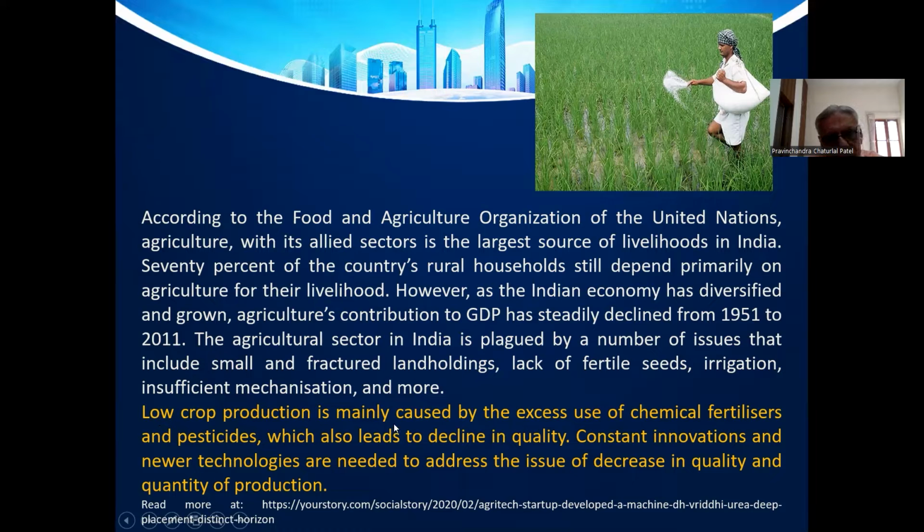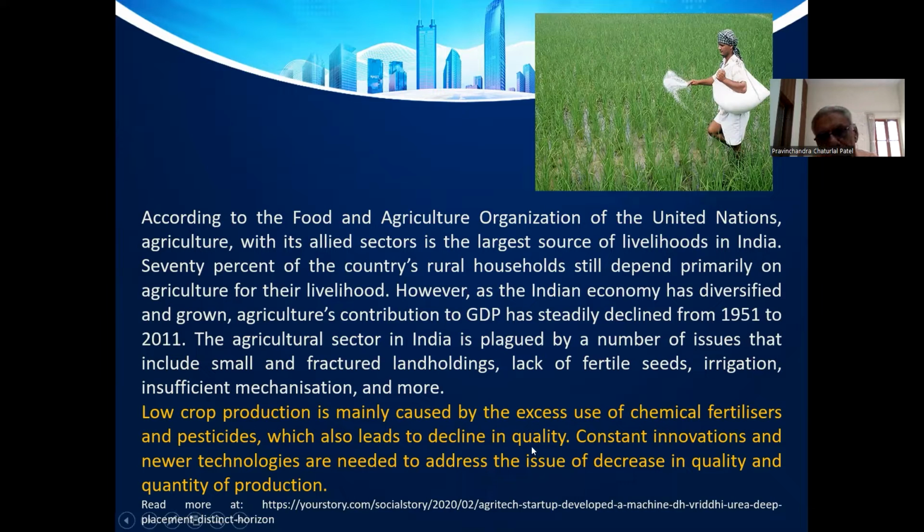So low crop production is mainly caused by the excess use of chemical fertilizers and pesticides. At present, farmers indiscriminately use chemical fertilizers, with the result that microorganisms are not present in the soil. You will not find earthworms, and the soil becomes dead, and crop productivity has declined due to non-availability of nutrients from soil to plants.